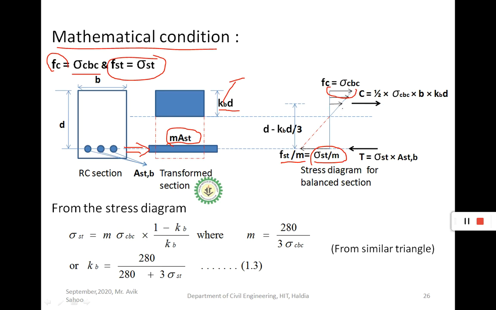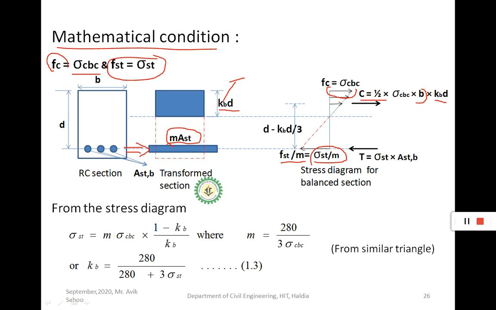So the total force is the area of the triangle times the width b, because force is equal to stress into area. So the area of the triangle is half into sigma_cbc into k_b d depth, and b is the width. Similarly, the total tensile force is computed from the stress.